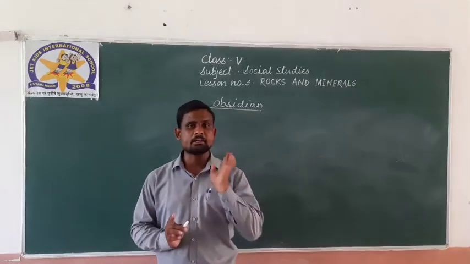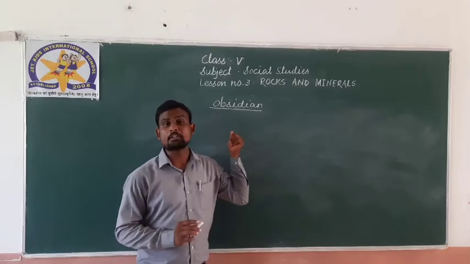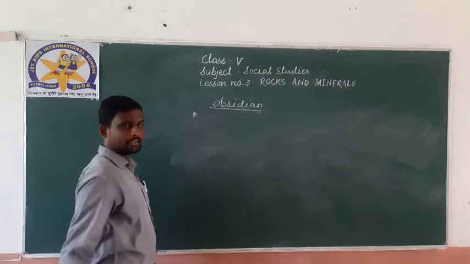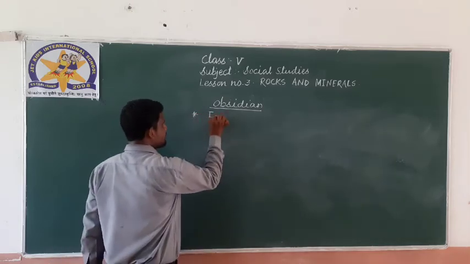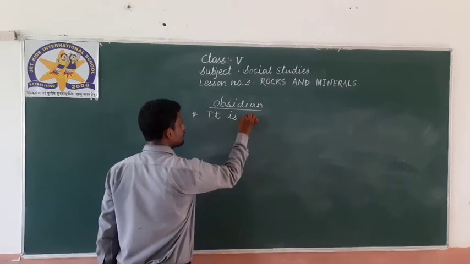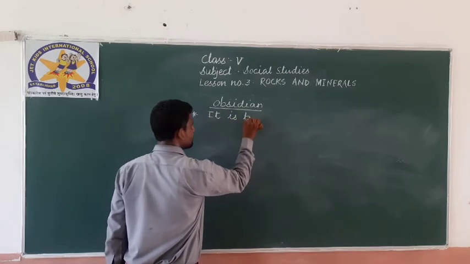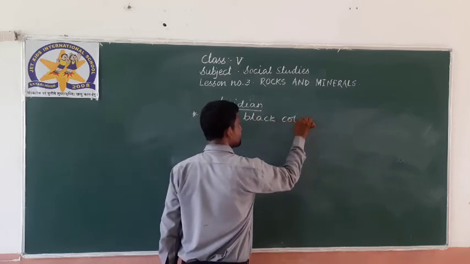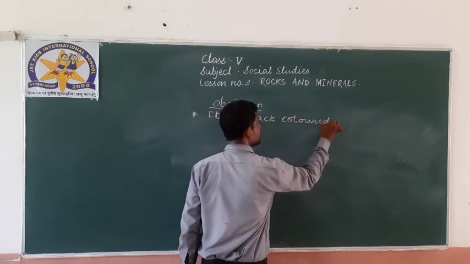We have seen the properties. Now I am going to write the properties of obsidian rocks. First property: it is a black colored rock.